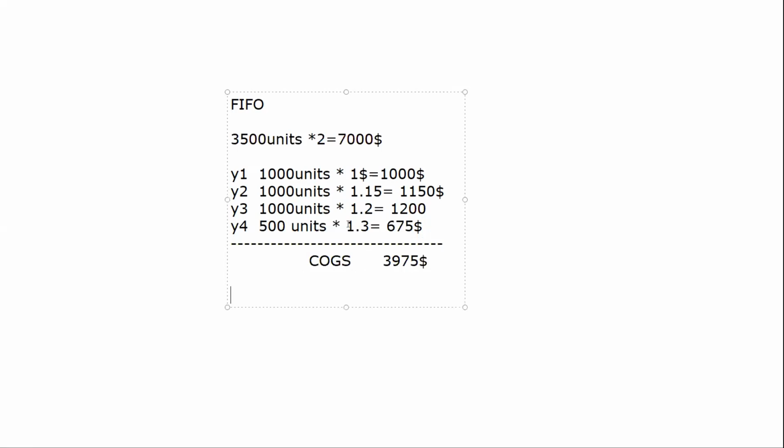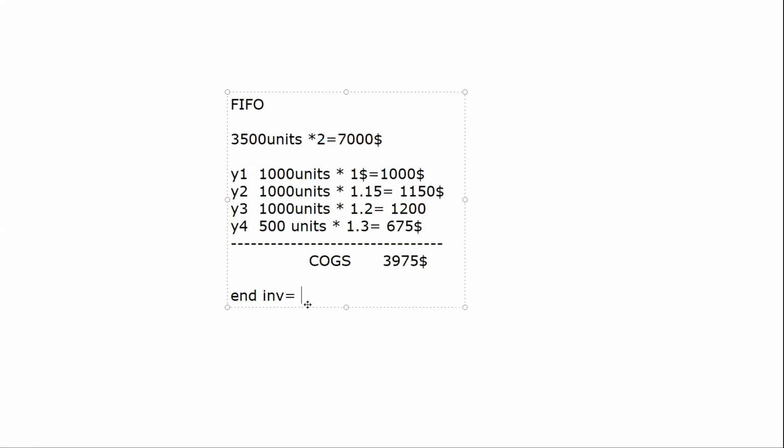And if you want to see the ending inventory value, what is left? 1,500 units are left. However, these 1,500 units come from two different years. One is from year 4, the other from year 5.